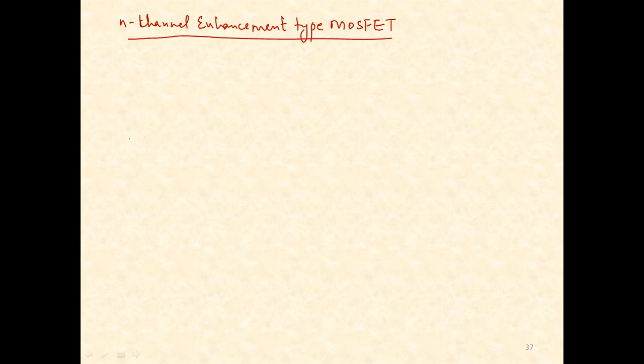So let us try to understand the working of this enhancement type MOSFET whenever we apply any external bias to it. Let me just draw the structure so that we will understand it in a much better way. I'll be considering an N channel enhancement type MOSFET. The first thing is to draw the substrate.